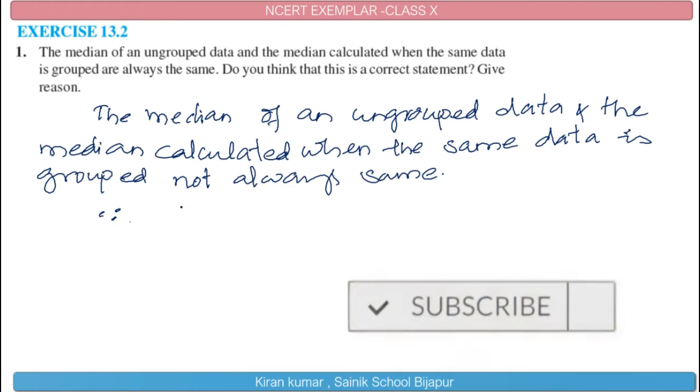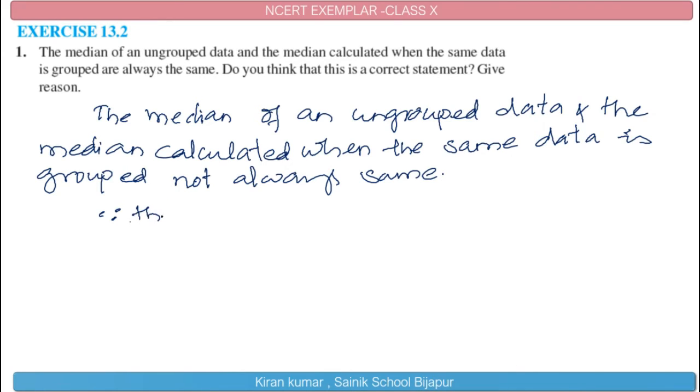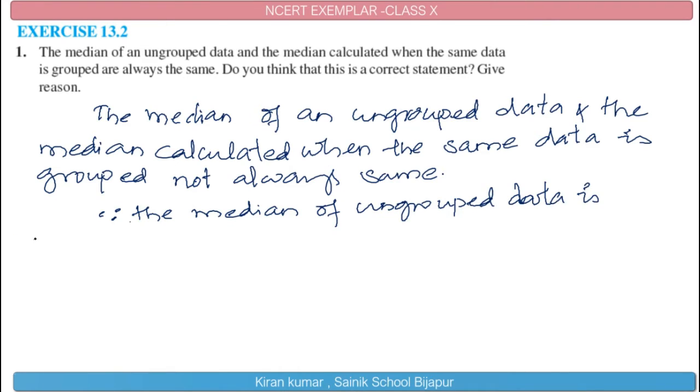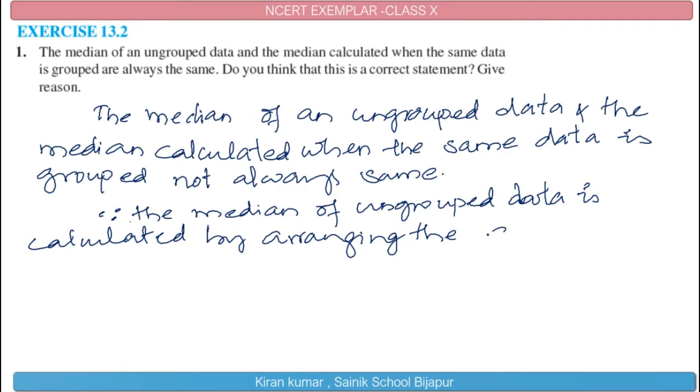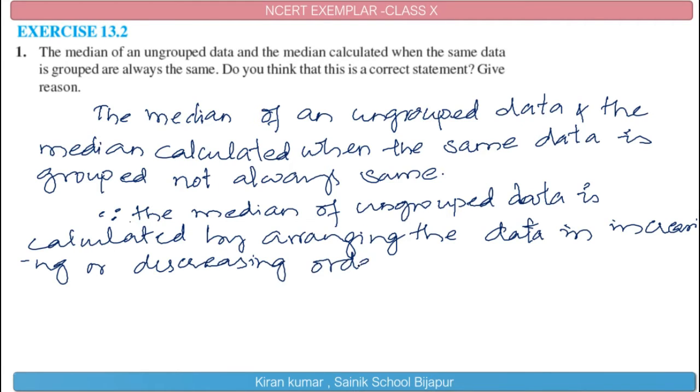Because the median of ungrouped data is calculated by arranging the data in increasing or decreasing order.